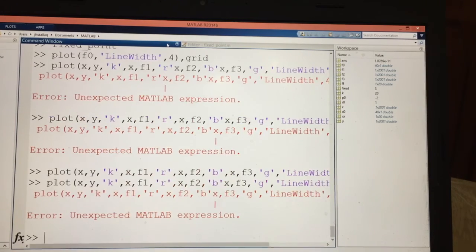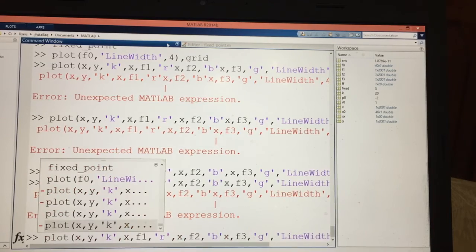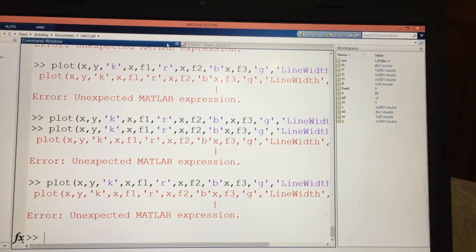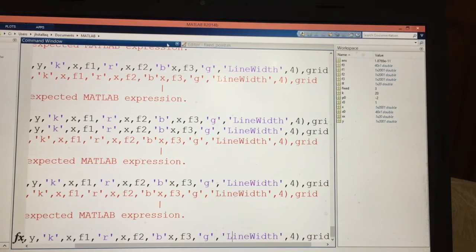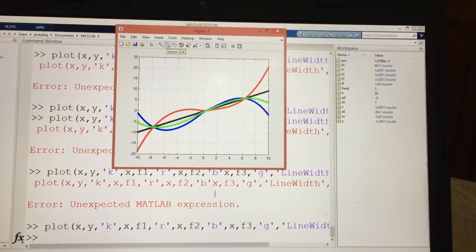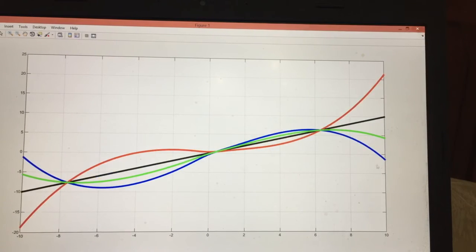Okay, plot. Yes, here it is. This one, the line width is 4.